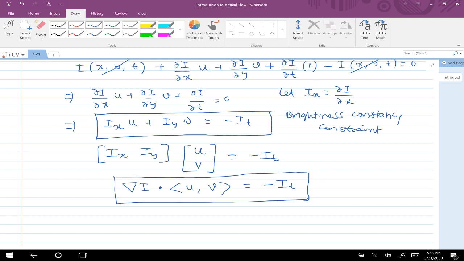So you have a single equation here. It means you have multiple possible solutions. If you impose just the brightness constancy constraint at each pixel, if that is the only constraint that you are posing, it has multiple solutions. With that, let me come back to the slides mode.